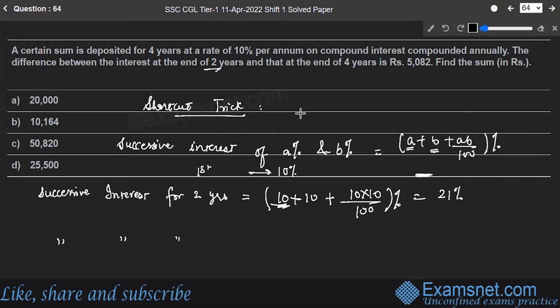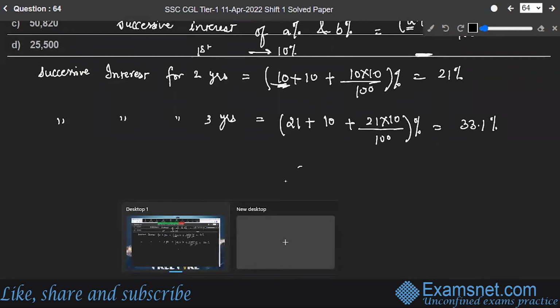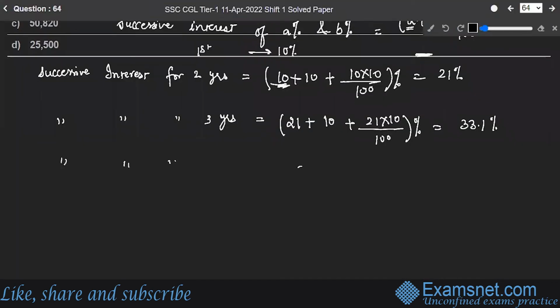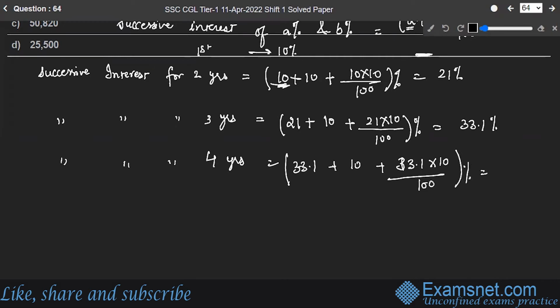Then successive interest for 3 years is equal to 21 plus 10 plus 21 into 10 upon 100%, which gives me 33.1%. Right? And for 4 years, you'll have 33.1 plus 10 plus 33.1 into 10 upon 100%, which will be 46.41%.